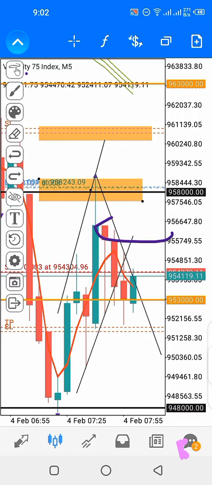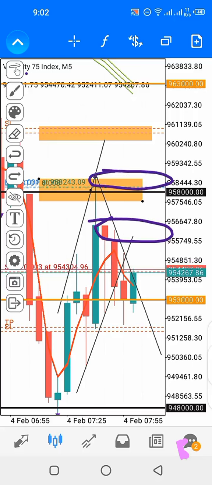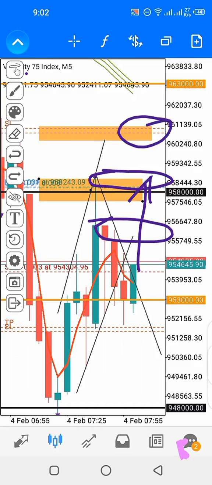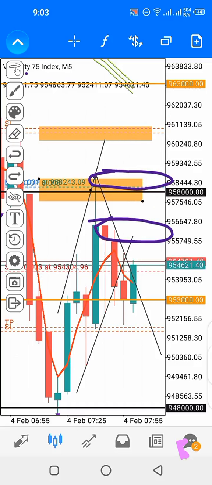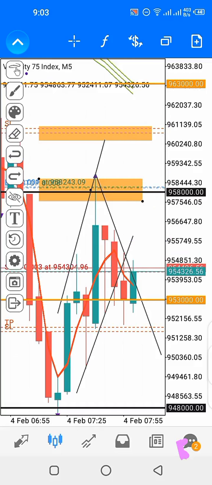Like I said, our initial resistance will be here. Another resistance will be here. So if price gets as high as this point to trigger our buy stop, we expect price to continue to this level to close out our trades at break even and with some profit.